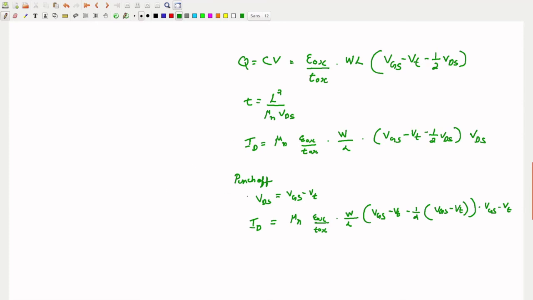So the expression for drain current becomes half mu n epsilon OX by TOX into W by L, VGS minus VT, all square.